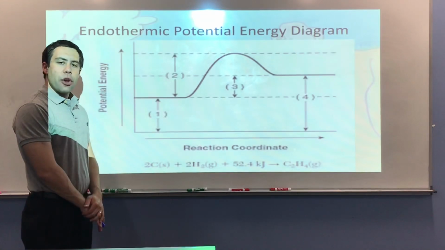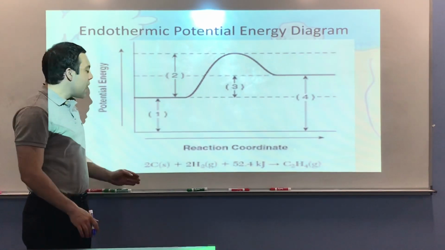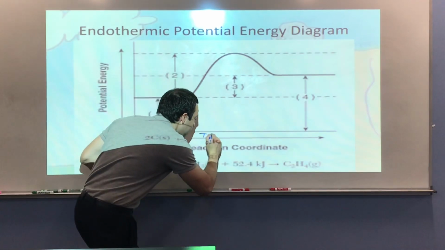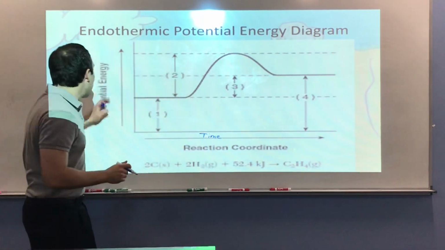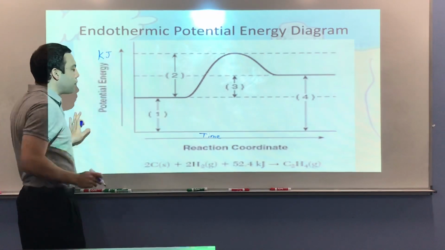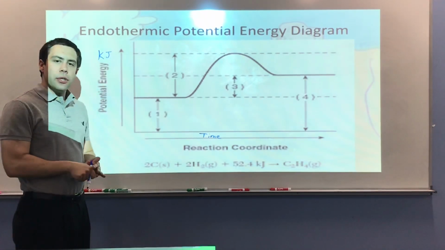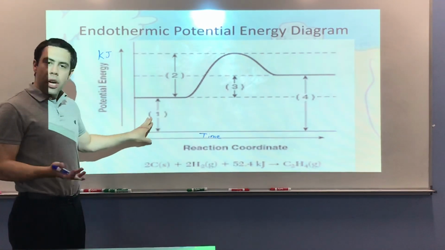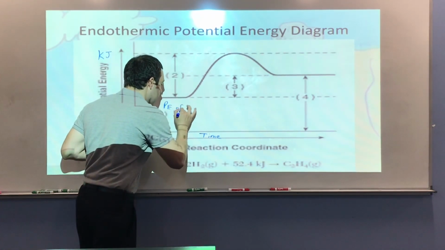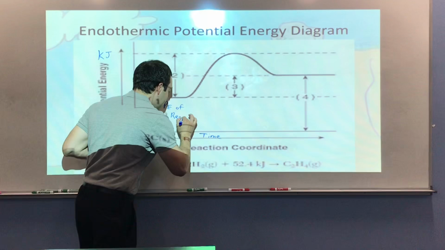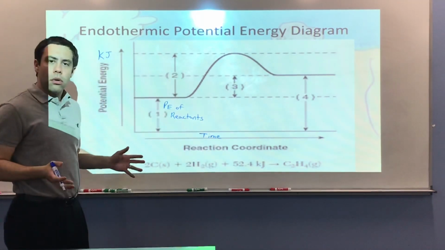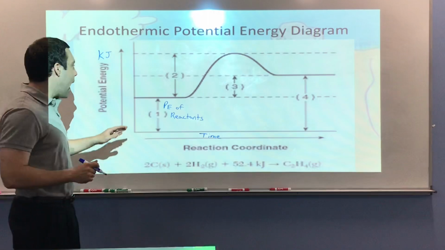Here we have an endothermic potential energy diagram. Similarly, we have time on the x-axis. On the y-axis, we have potential energy in kilojoules. And here, instead of letters, we have numbers. But number one is the potential energy of the reactants, which is all of the energy combined of all of the reactants.